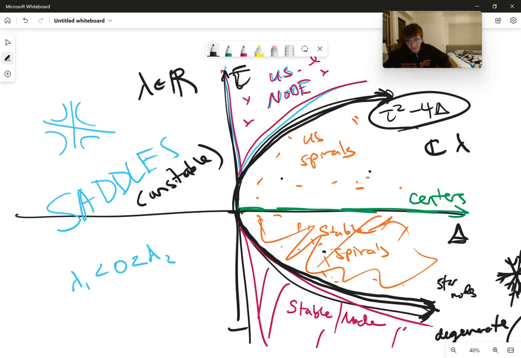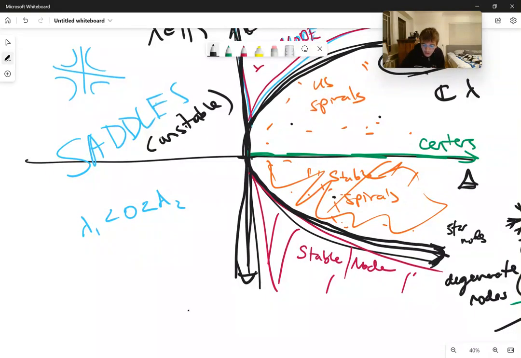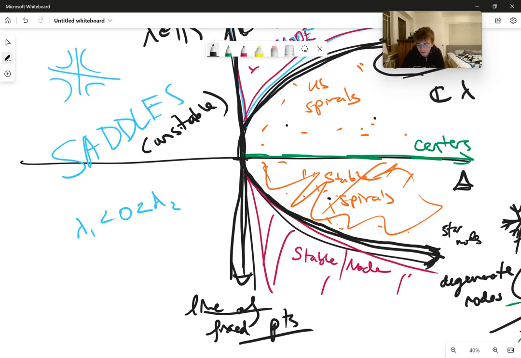Just for information, the last thing that I haven't mentioned, which I should mention for full clarity, is what happens on this vertical axis here, because that's the only part that I haven't defined yet. On the vertical axis, we actually have a line of fixed points. So the determinant is 0.